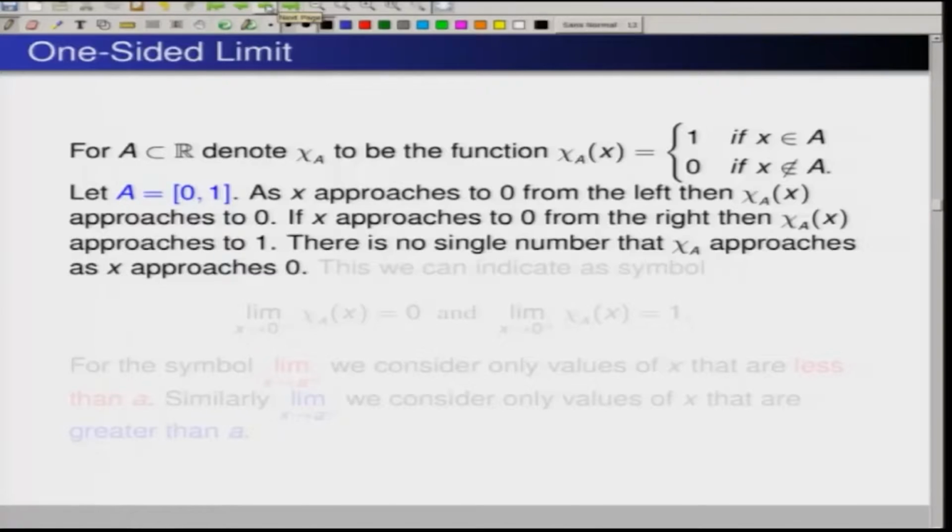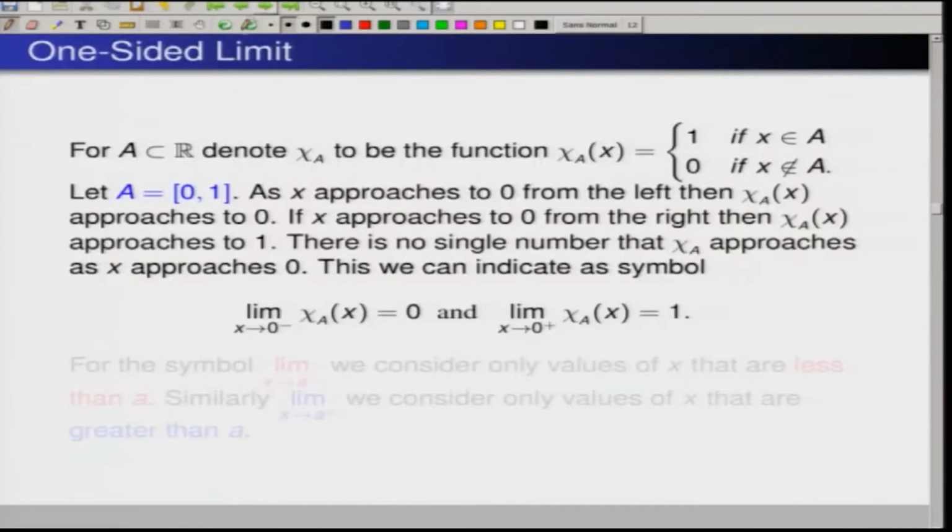So, there is not a single number for which we can talk about the limit. We can indicate this phenomenon with the symbols limit x goes to 0 minus, which means approaching 0 from the left hand side, and limit x goes to 0 plus, which means approaching 0 from the right hand side.